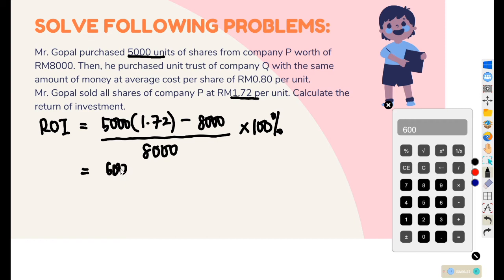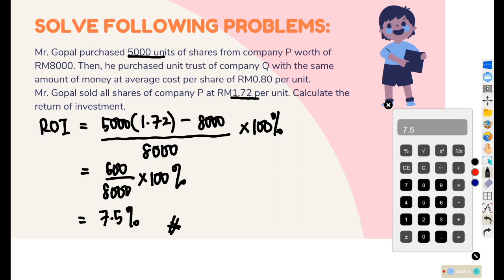So 600 over 8,000 times 100%. The answer here is 7.5%. So this is the ROI, return on investment.